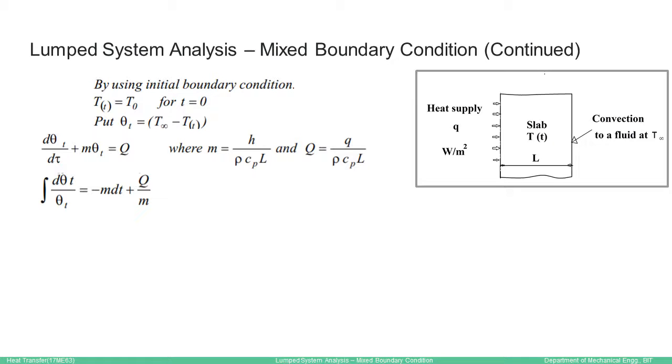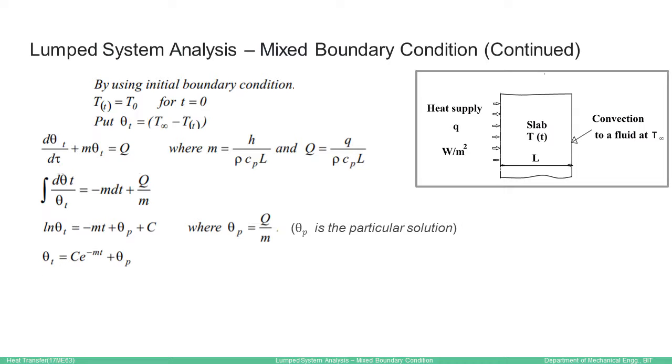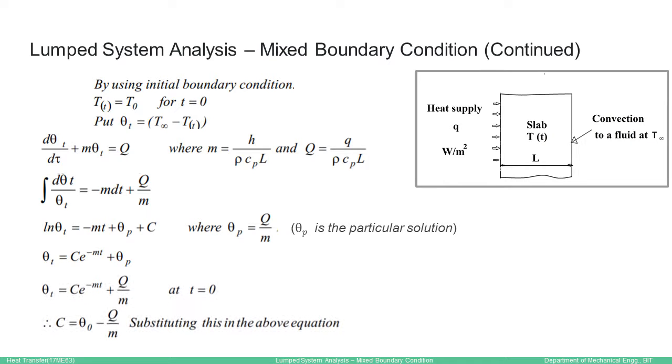Integrating after rearranging the terms, we get ln of theta is equal to minus m t plus theta P plus C, where theta P is the particular solution, which is found to be Q by m. After rearranging the terms, we get theta of t is equal to C into e power minus m t plus theta P, and replacing theta P, we get theta of t is equal to C into e power minus m t plus Q by m.